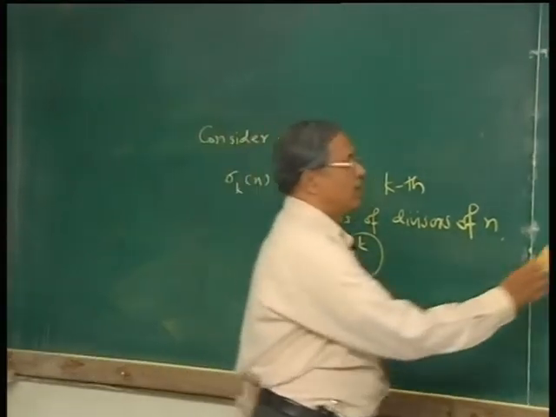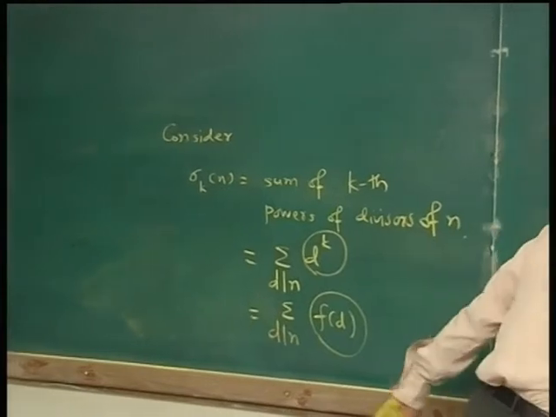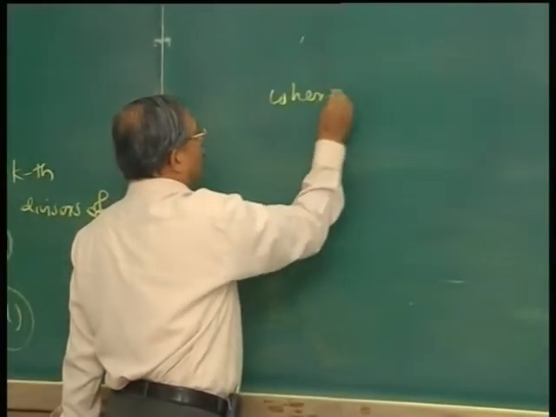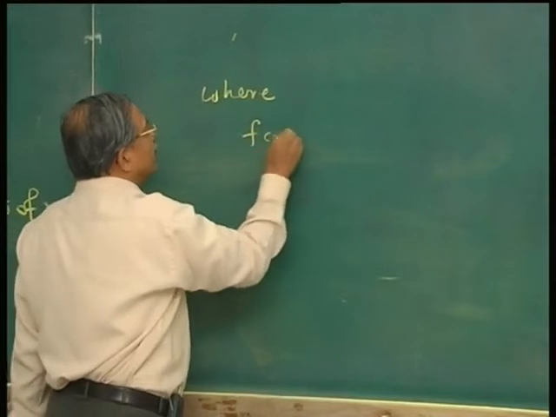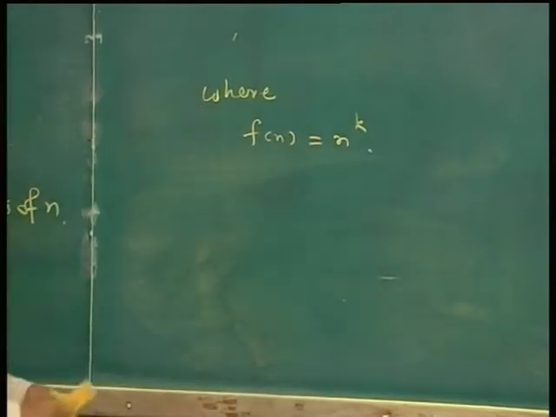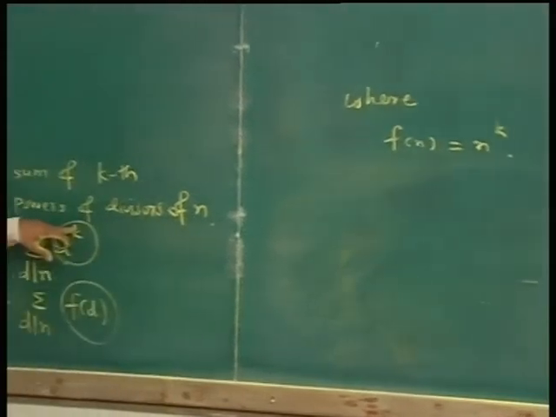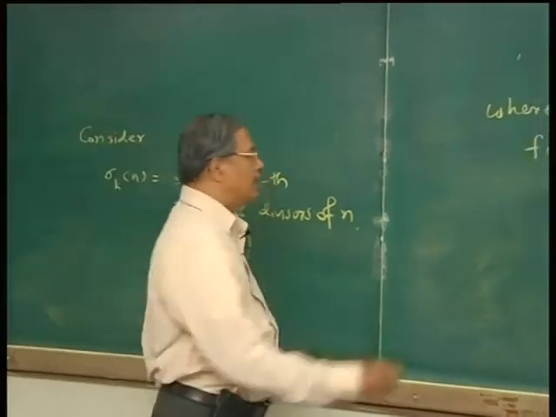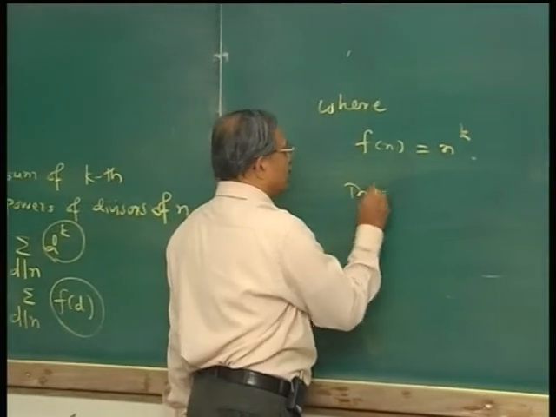So we can say where f(n) is n raised to k. So here f(d) is d raised to k, that means f(n) will be n raised to k. This is the function and this is a multiplicative function.